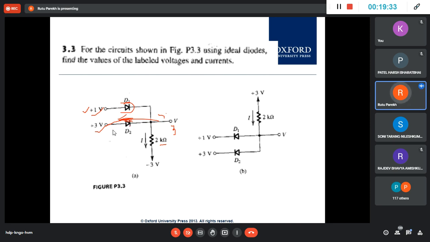But see, if you talk in terms of time, in fraction of second, this will conduct little earlier. It will be in microseconds, 10⁻⁶ of second. But even if we consider the same time, when 1 volt will come on V, D2 will be in forward bias only. So eventually 3 volt will only come there.